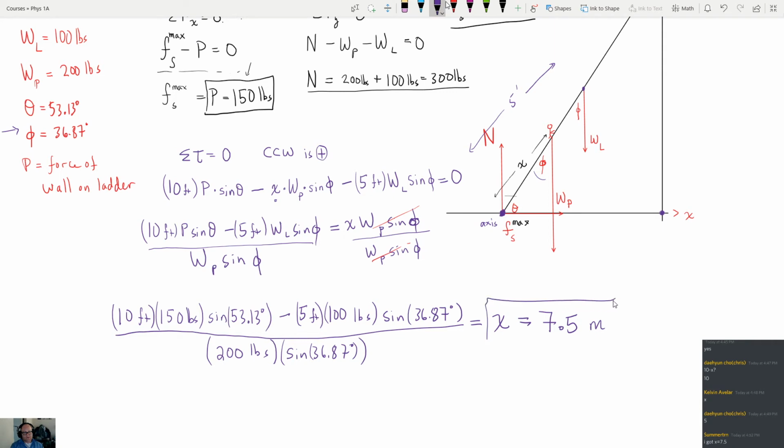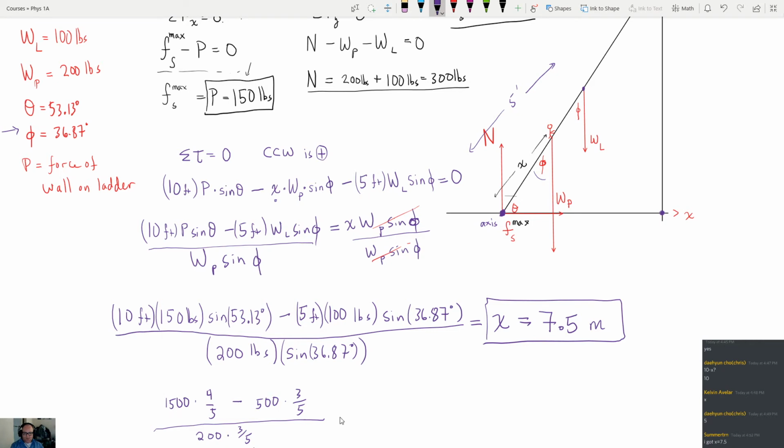This is what you should get. Let's see if we can figure that out by just thinking about this. So it's 150 times 10, that's going to be 1500. And sine of 53, as we said, is 4 over 5. 500. Sine of this one is 3 over 5. We're dividing by 200. Sine of that one is 3 over 5. So all the fifths cancel out.